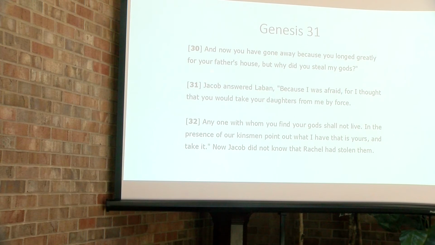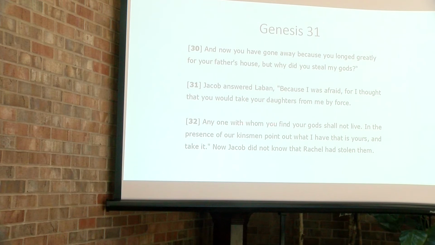But now that you have gone away, because you longed greatly for your father's house, why did you steal my gods?" Jacob answered, "Because I was afraid, for I thought that you would take your daughters away from me by force.